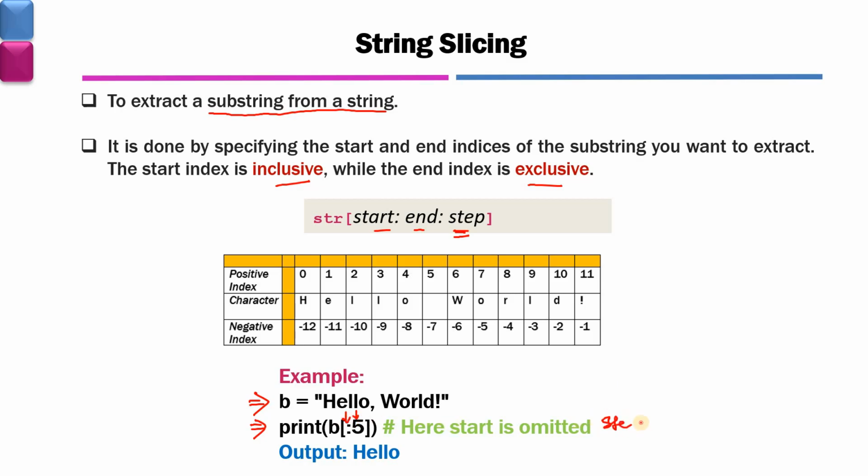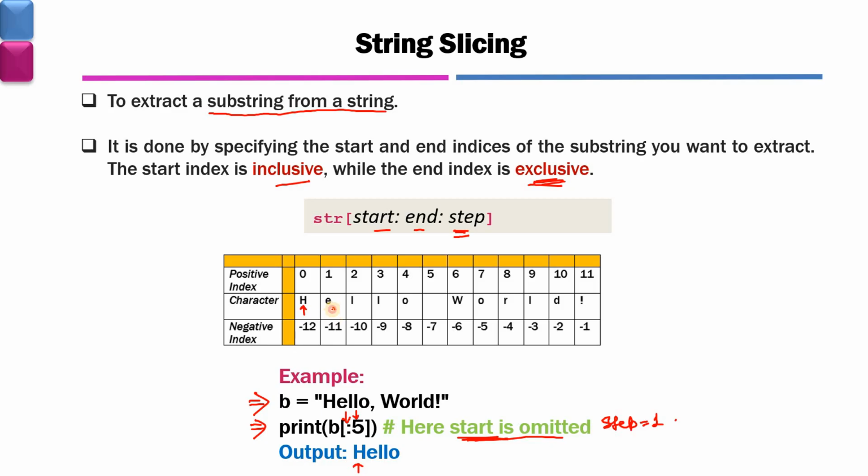Now B[:5] means you are not specifying anything at the start, so by default it will start from the 0th index. So it will start with H, then go to the 5th index, but remember the next point: the start index is inclusive while the end index is exclusive. That means the 5th one will not be considered.